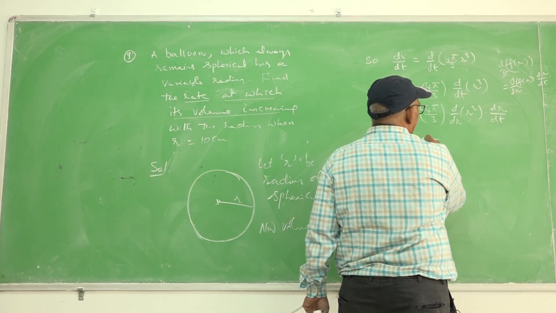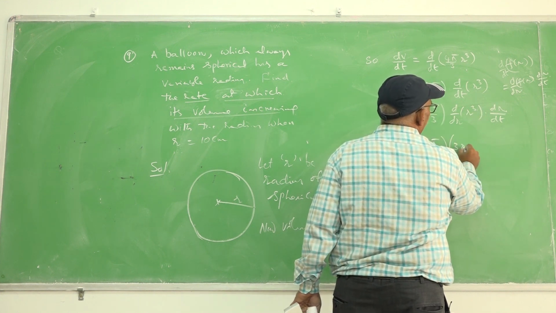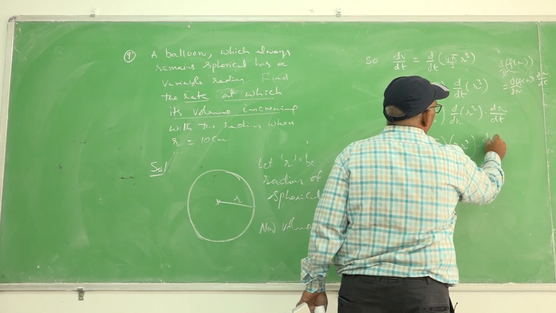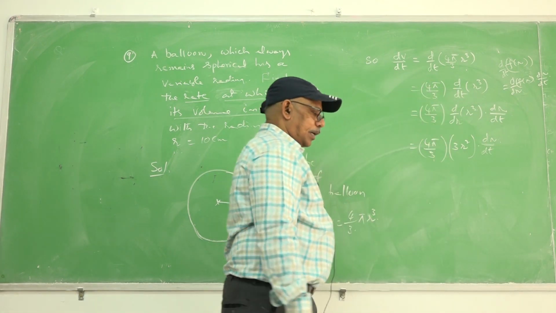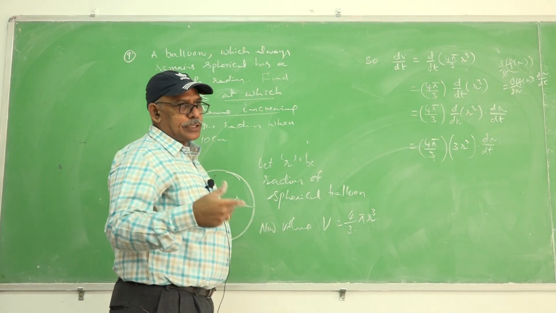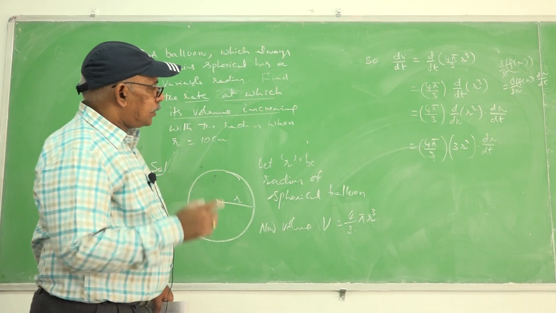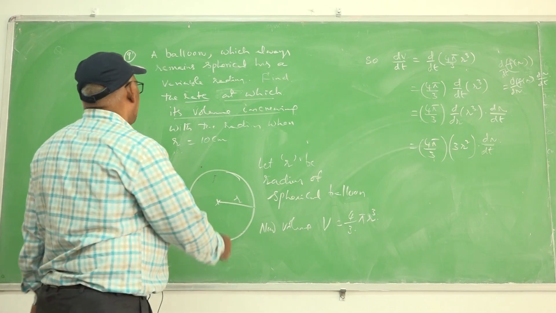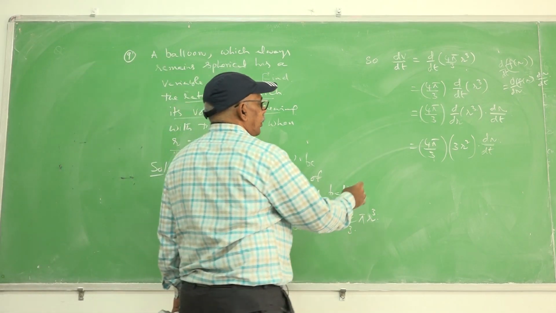That is 4 pi by 3 into the derivative of r cube with respect to r, which is 3r square, into dr by dt, where dr by dt is the rate of change in the radius. This is to be measured at the instant r equals 10 centimeters.